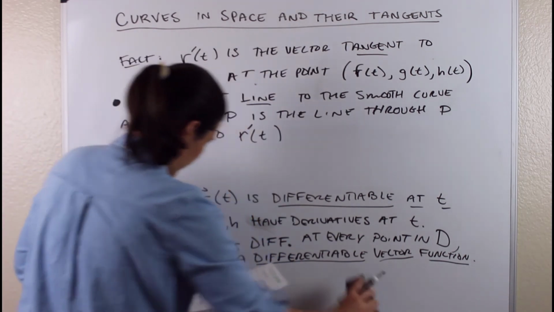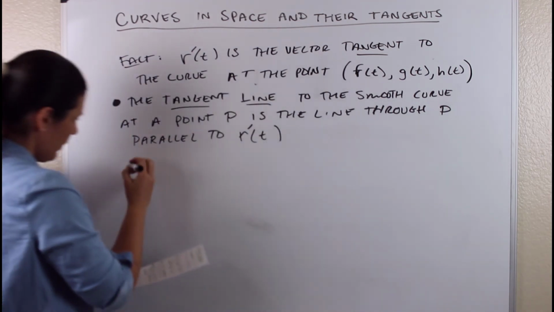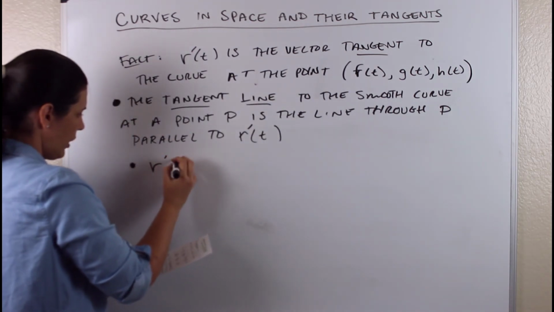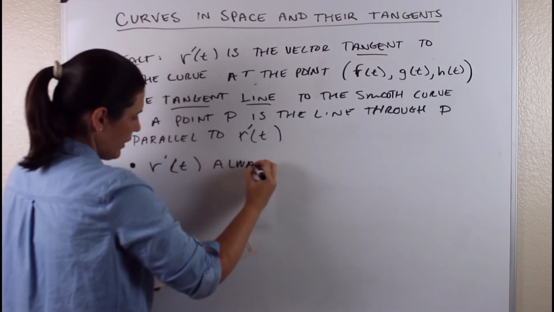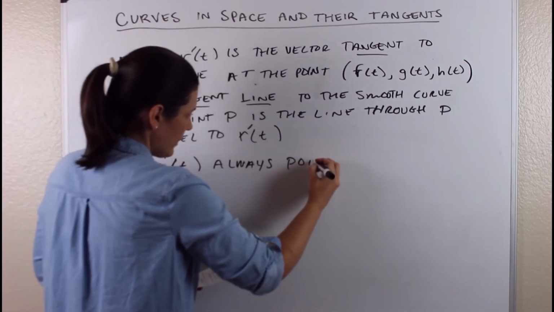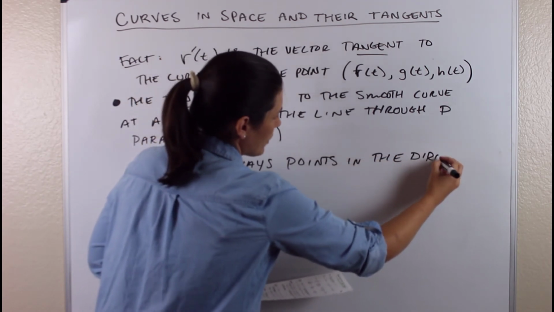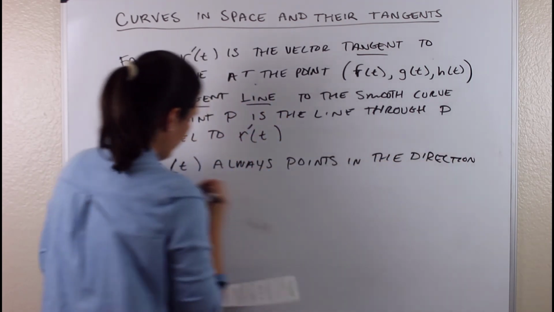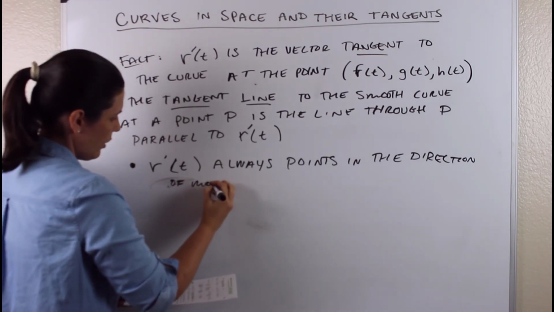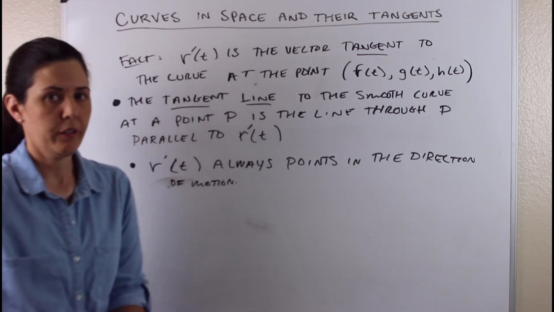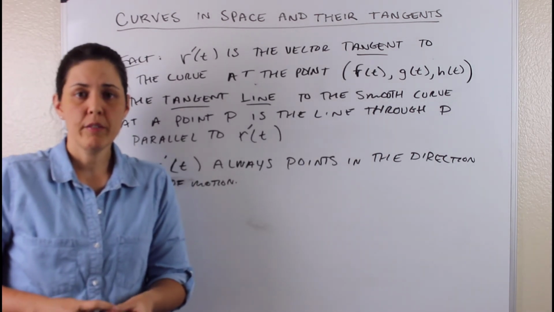And then one more thing here. The derivative r prime of t, this is a nice one, always points in the direction of motion. Because you are working with vector functions and not scalar functions, your derivative has a direction.